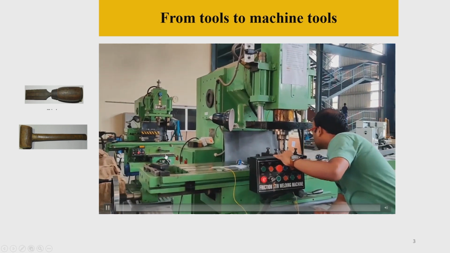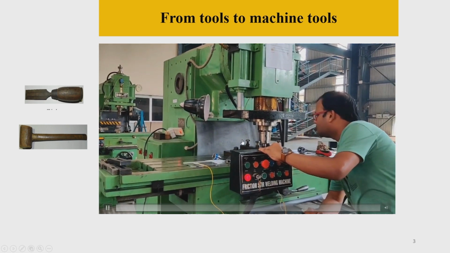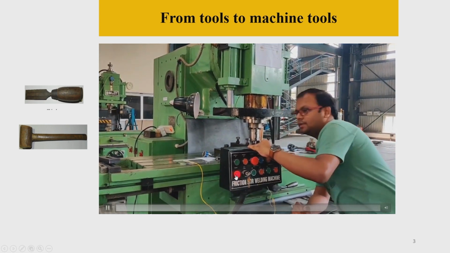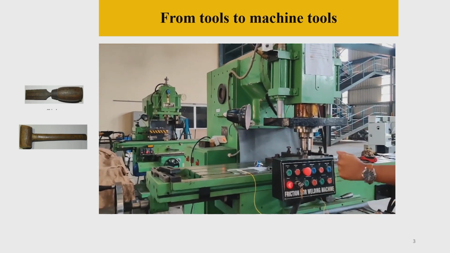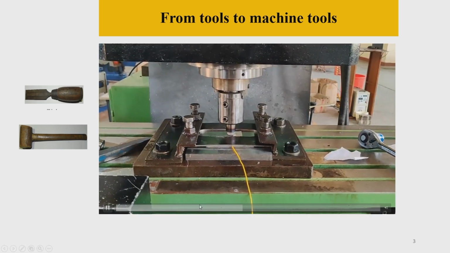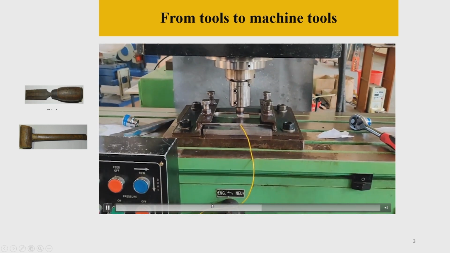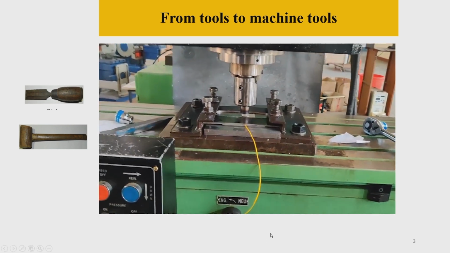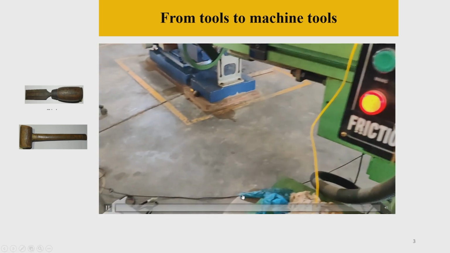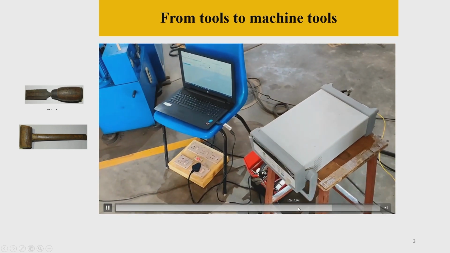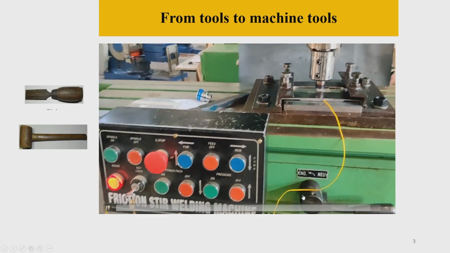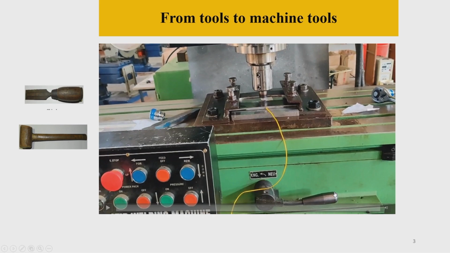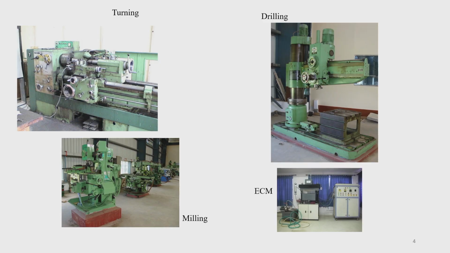In machine tools, a human operator operates the machine, but the decision is taken by the human operator. Then people started thinking about automating these things, and CNC machines came. So, this is how we have been progressing day by day, and now we are going towards digital.